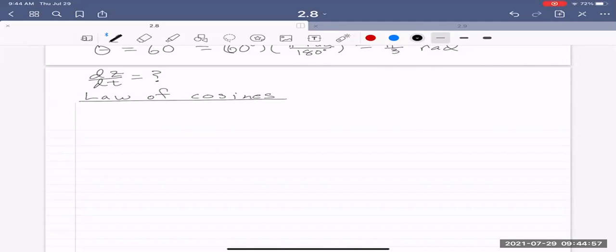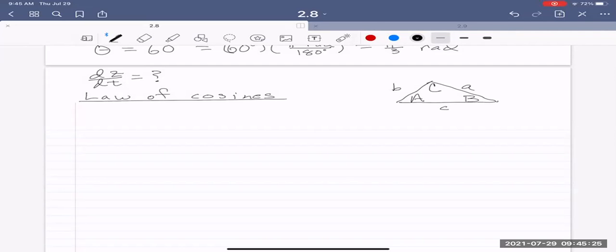So the law of cosines says, and I don't care how I draw this, but let's say A, B, C. The only thing is I want to be sure that I don't do it with a C in there because my C's look the same.